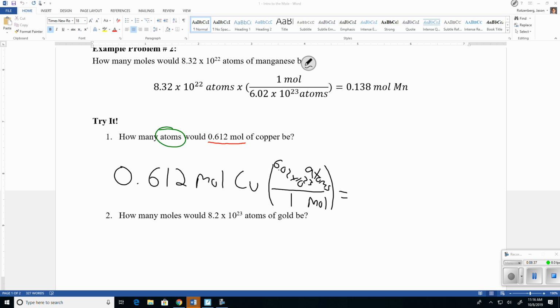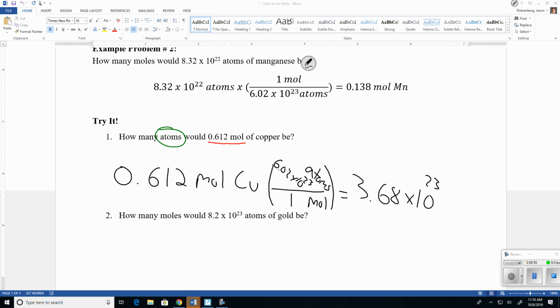Secondly, we abide by the rules of significant digits. 0.612 has 3 significant digits. Our final answer should have 3 significant digits. So this one, I get 3.68 times 10 to the 23rd.